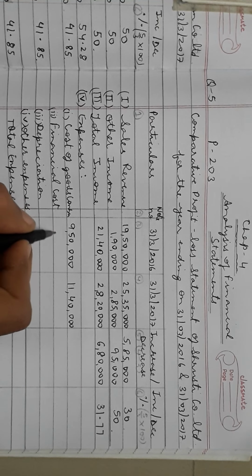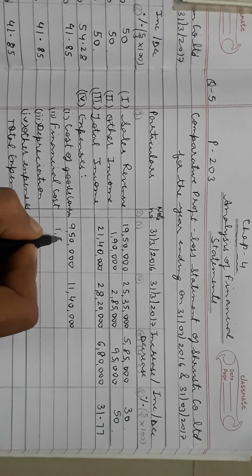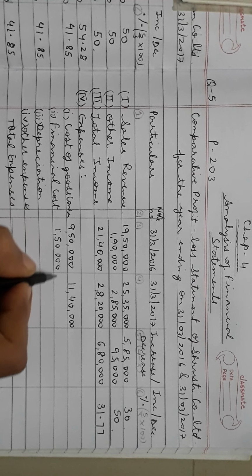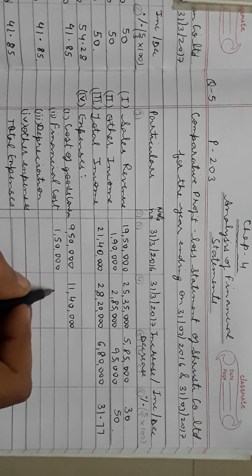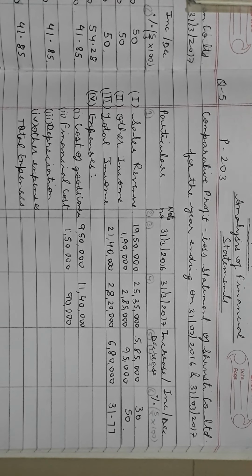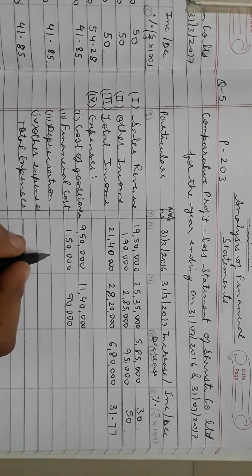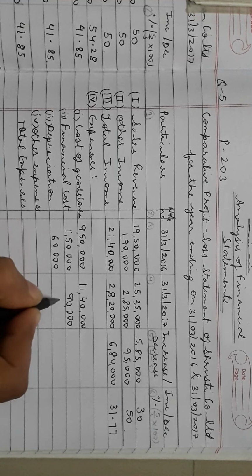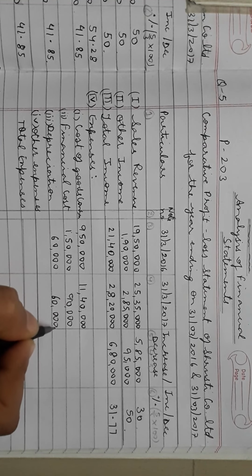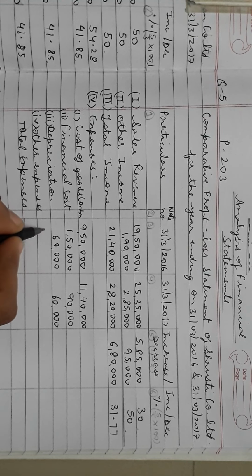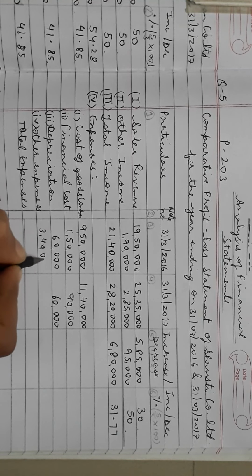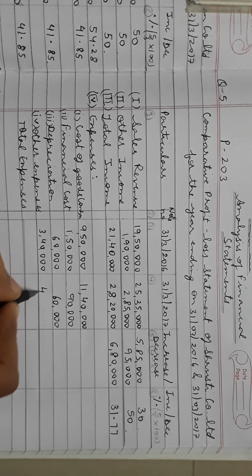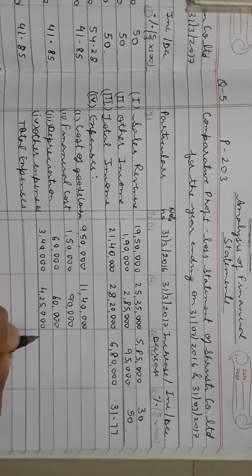Similarly, financial cost 1,50,000 for 2016, and here it is 90,000. Depreciation is given 60,000. Here also 60,000. Other expenses 3,40,000 for 2016, 4,25,000 for 2017.